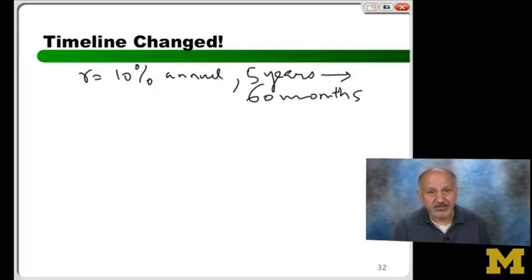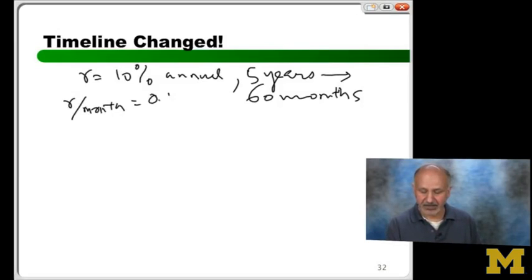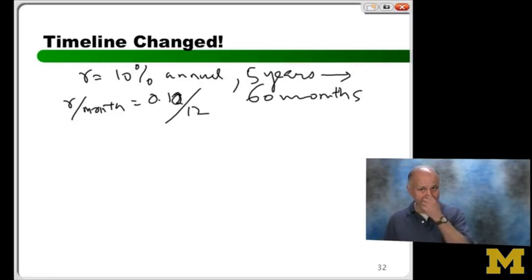If the interest rate is 10% annual, and by the way, the good news is that's how interest rates are quoted, what is the interest rate per month? It's 0.1 divided by 12. And the reason is there are 12 months. Why is 5 years 60 months? Because there are 12 months in a year.